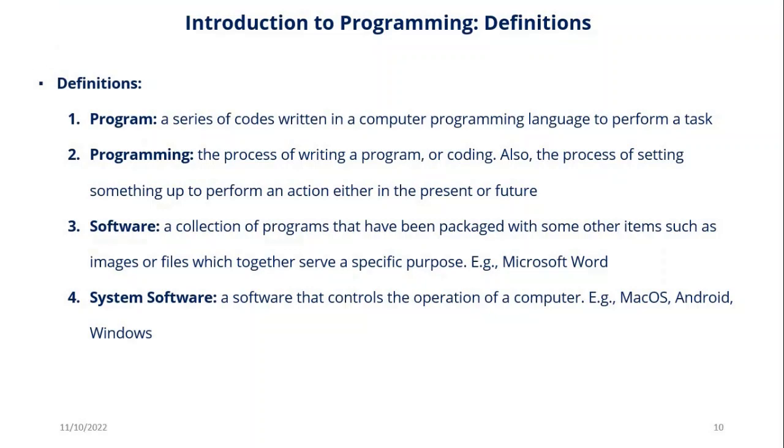Now, your mobile phone could also have an operating system called Android or iOS. This kind of software that enables the PC to function to begin with is called system software.